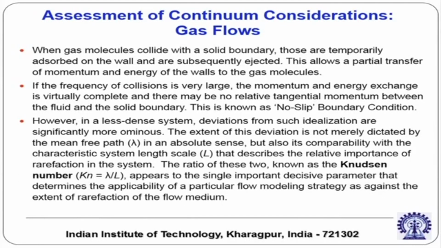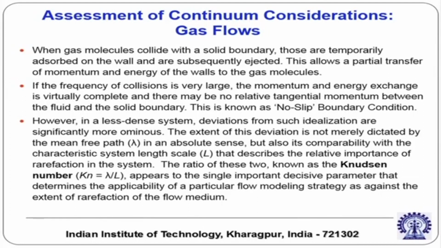If the Knudsen number gets larger and larger, that means the molecules traverse a large distance before another collision, so on an average the number of collisions is less. That is the hallmark of a relatively rarefied system.